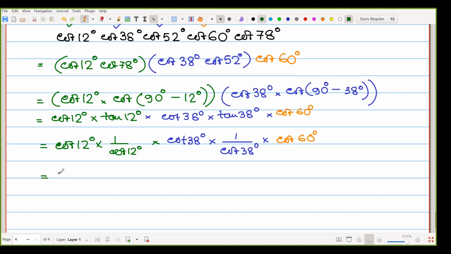So the first one is becoming 1, the second one is becoming 1, and finally cot 60 degree means 1 by root 3. So the final value is 1 by root 3. That is how we can find that type of values.